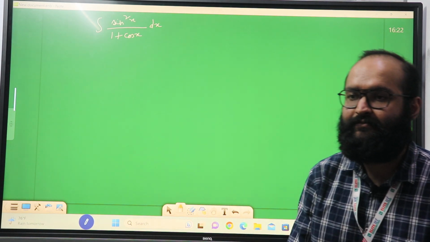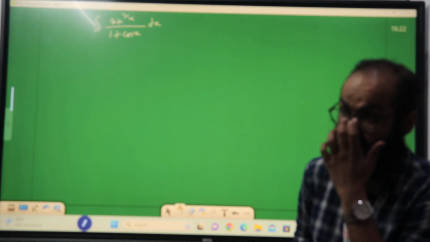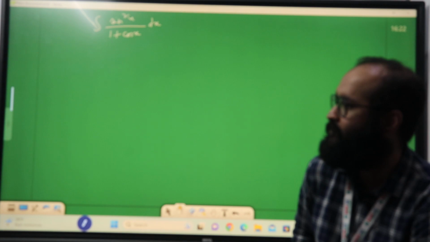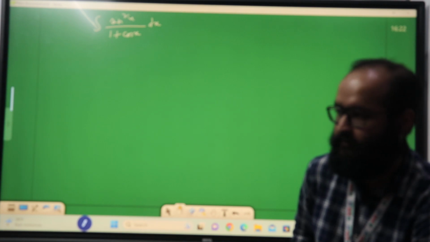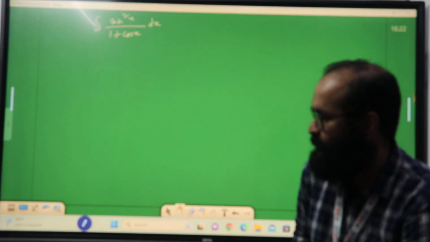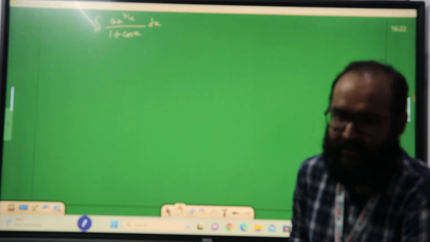What identities can you use? What about the denominator?